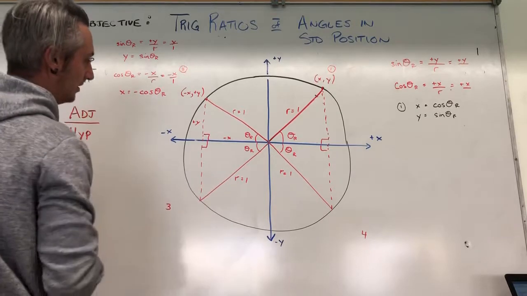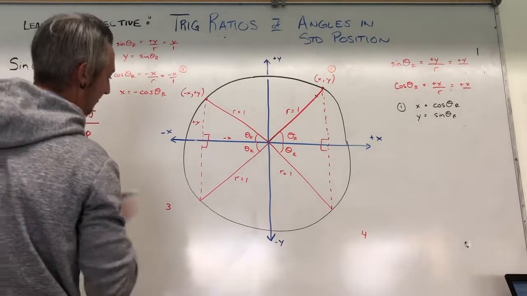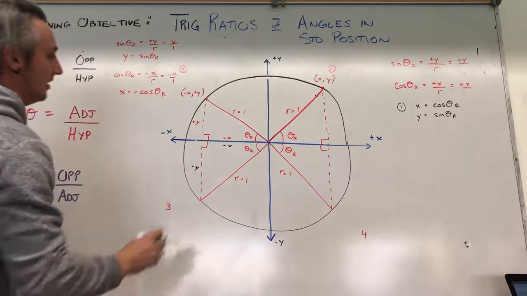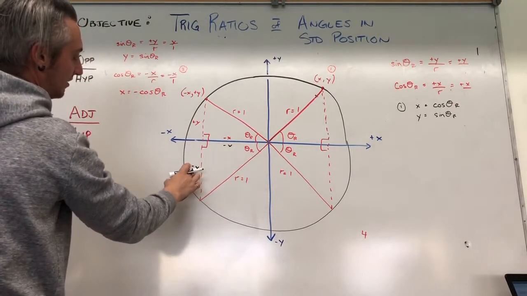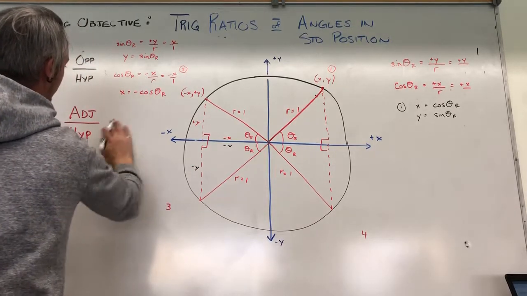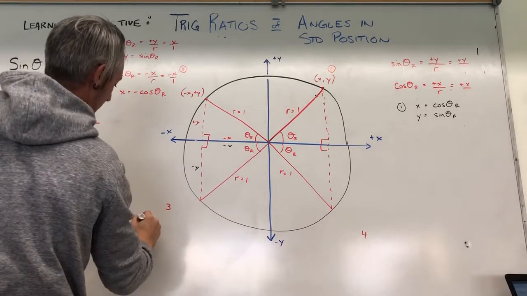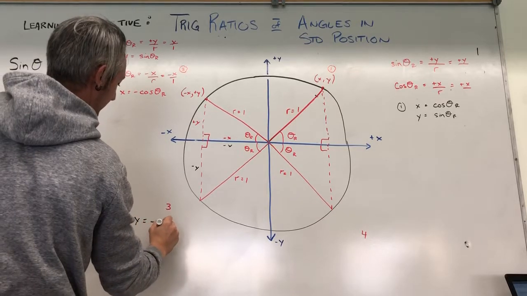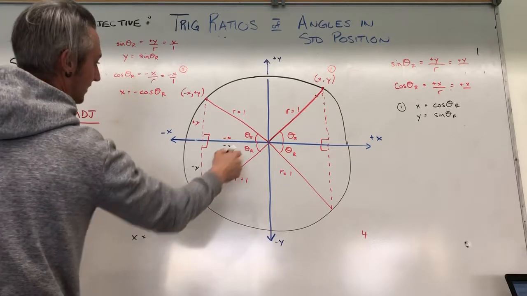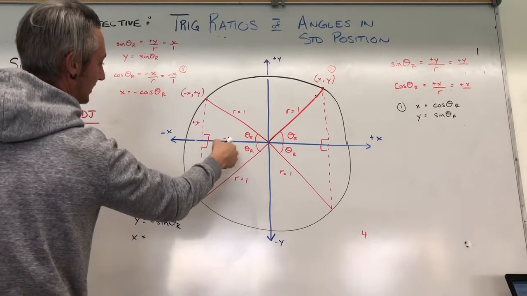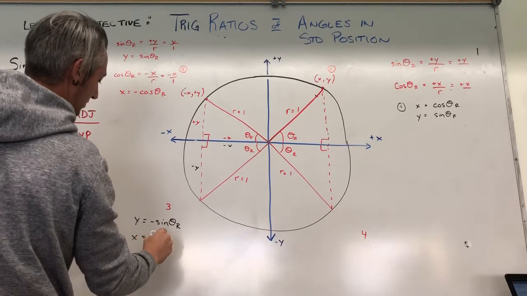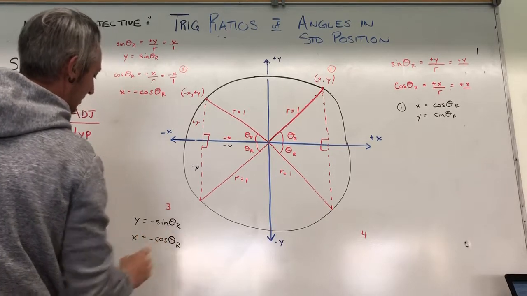How about down here? Well, down here, I have both a negative y and a negative x. So sine of theta r is going to be negative y over 1, meaning that y will be equal to negative sine theta r, and x is going to be cos of theta r equal to negative x divided by 1, so x is equal to negative cos of theta r.